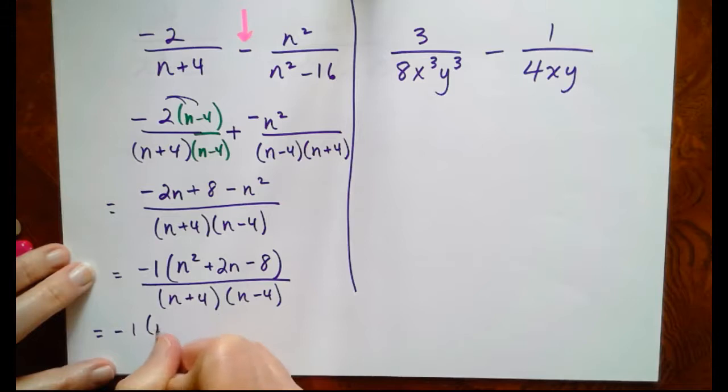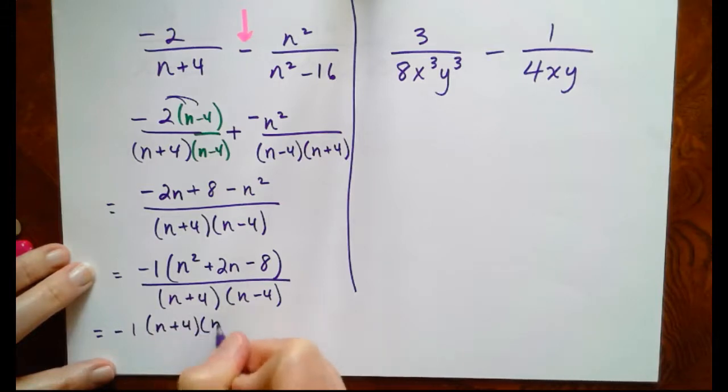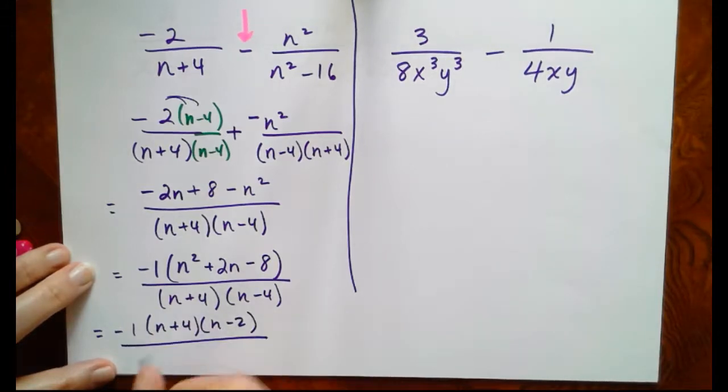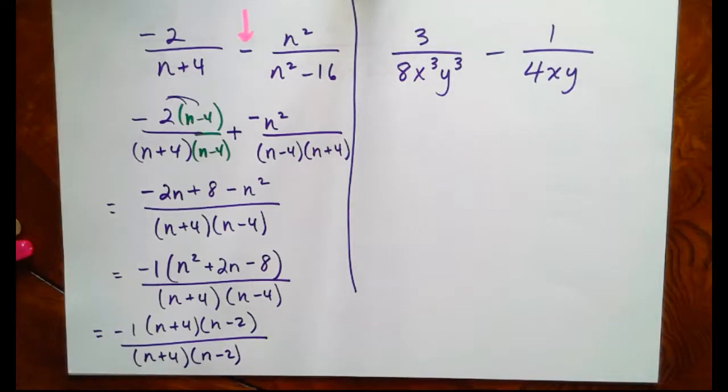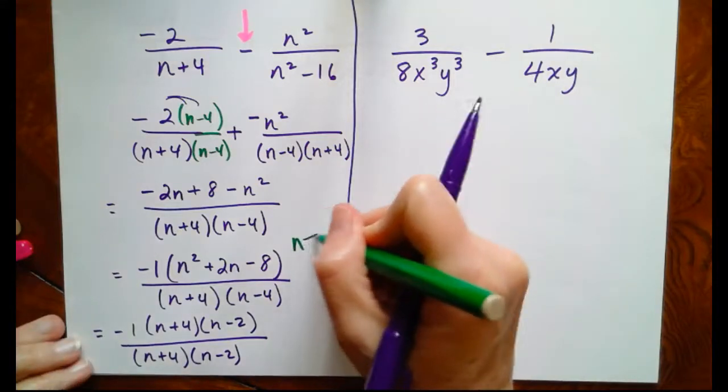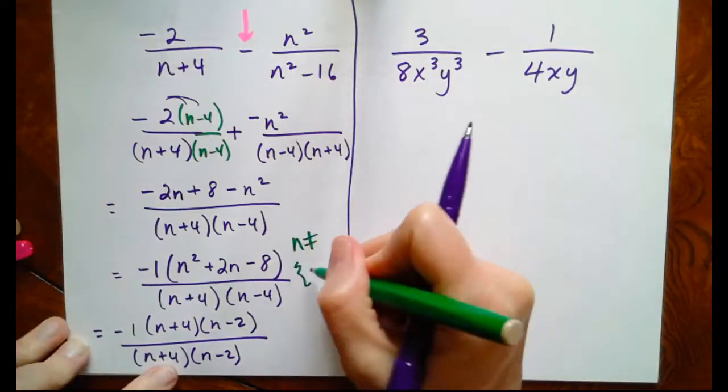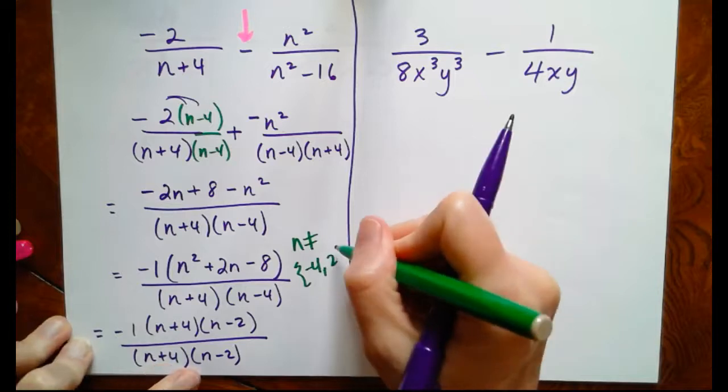So -1 and then n plus 4 and n minus 2 all over n plus 4, n minus 4. And let's not miss the opportunity here. We have domain restricted values. So n cannot be -4 and +4.